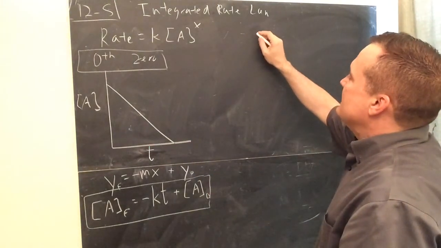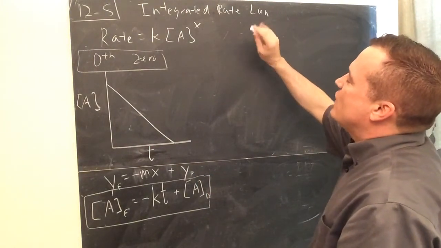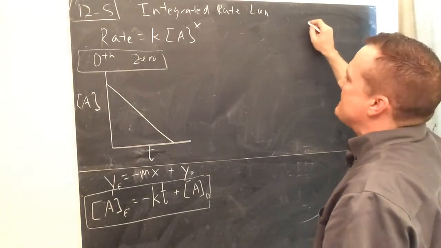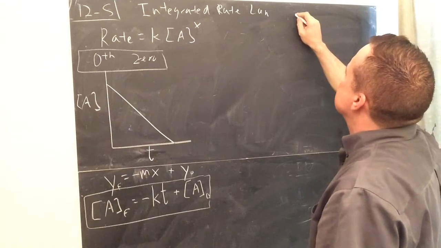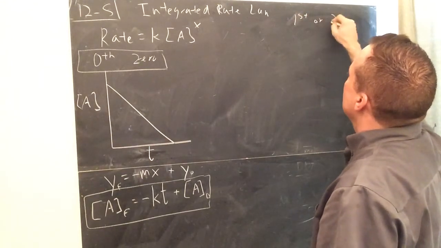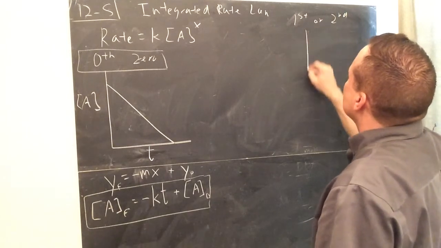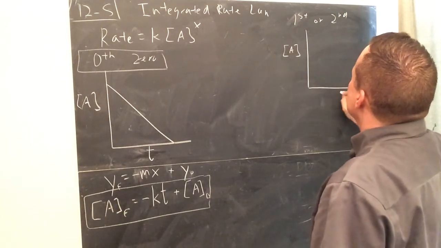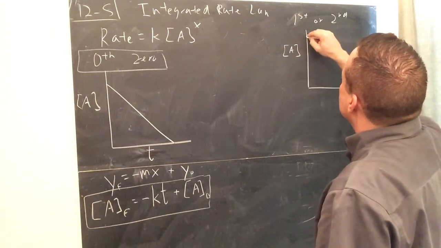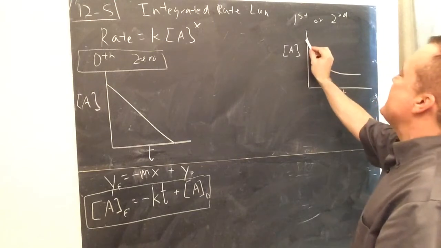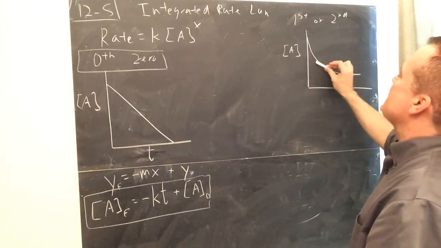So if you have a first or second order, then when you graph concentration of A versus time, you're going to get, as we told you, a curve going down. That goes down, and that means that the slope is constantly changing.